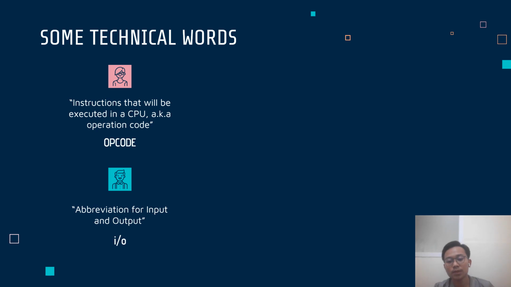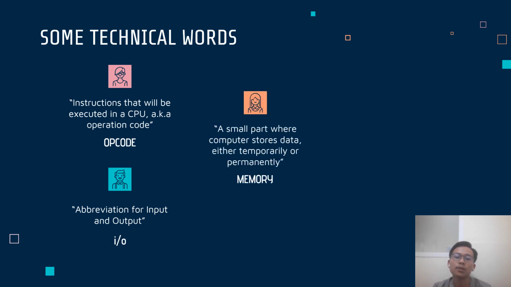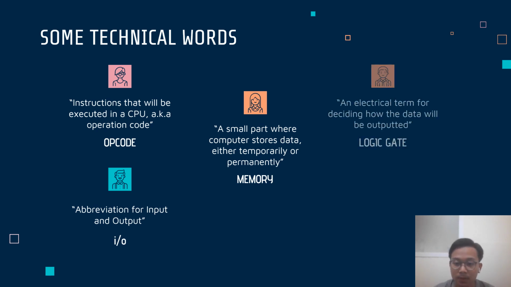Another one is IO. IO is an abbreviation for input and output, just to simplify. Then memory. Memory is not just, as we think, a brain, but it is a small part, actually a real part, where the computer stores data either temporarily or permanently until we or someone deletes it.